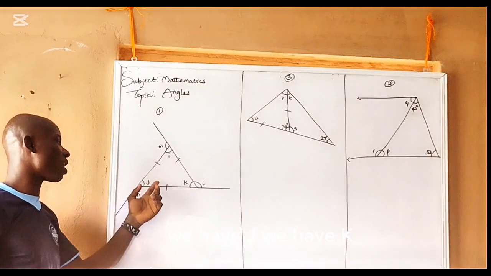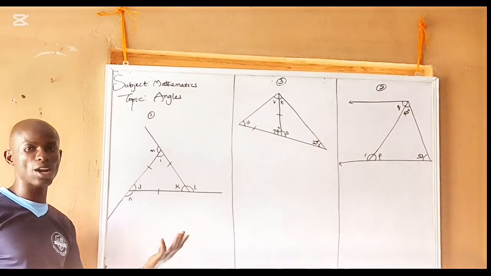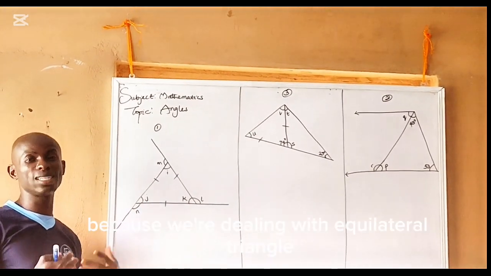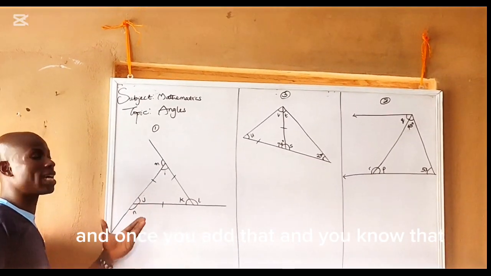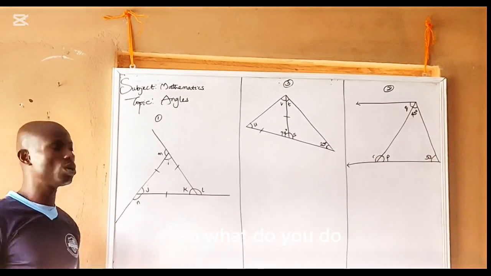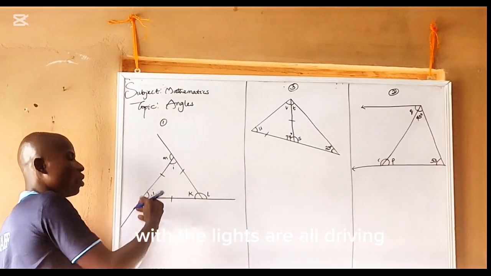We have I, we have J, we have K. Those are the angles that form the triangle, and they happen to be equal because we are dealing with an equilateral triangle. Once you have that, and you know that the sum of angles in a triangle is equal to 180, just make sure you tag all these with a letter.